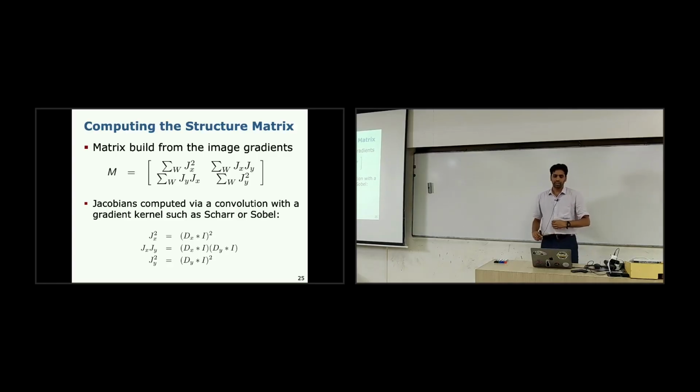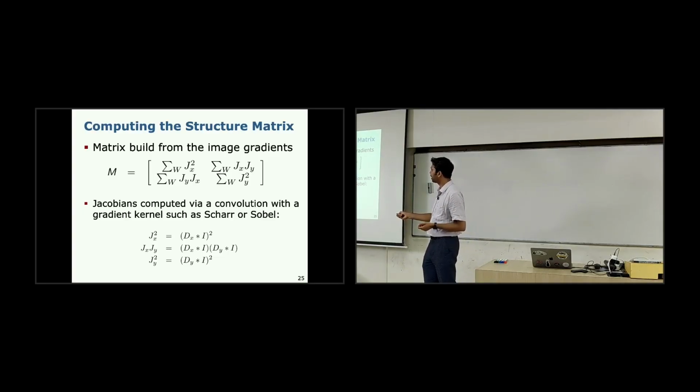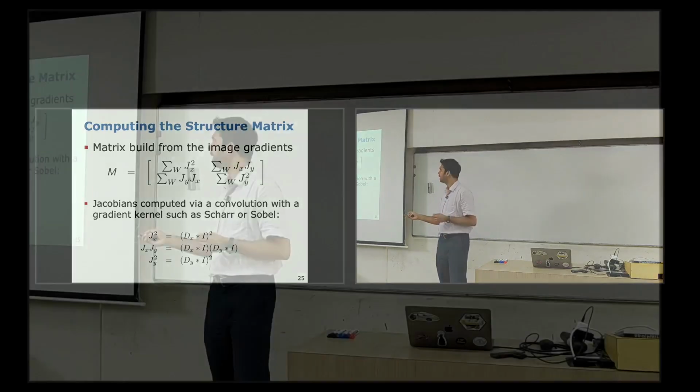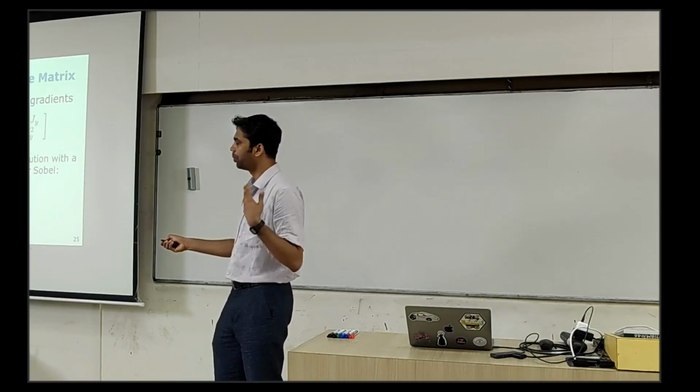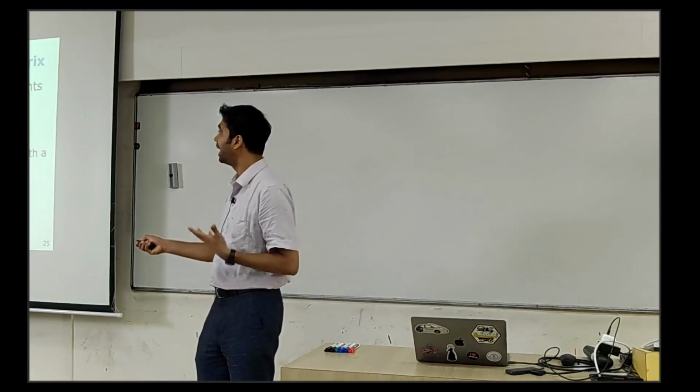So the computation actually involves a classic tool in image processing, which is image convolution. To compute the Jacobians along the x direction, essentially this is the change in image information along the x direction. So what you're looking for: are there edges, are there borders along the x direction? The way you could do it is to do a convolution operation with an x-axis edge detector.